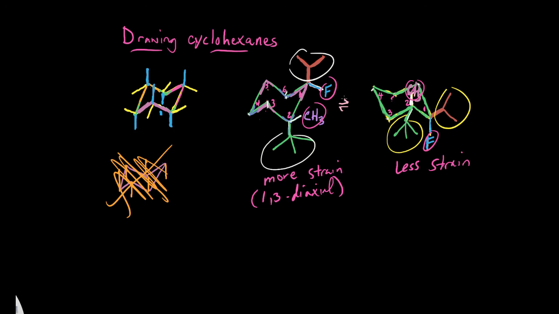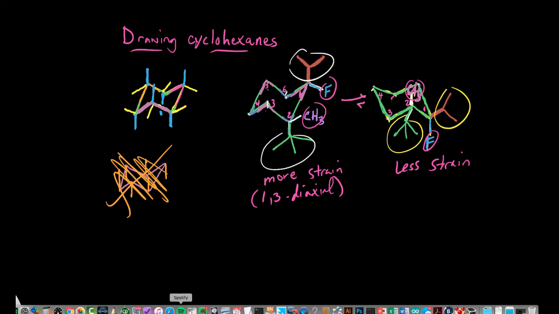So the equilibrium will lie far towards this side and less towards this side. So that's just a little review and primer on chair cyclohexanes.